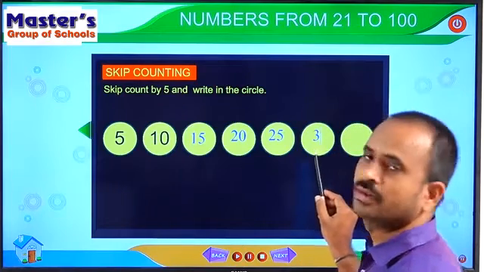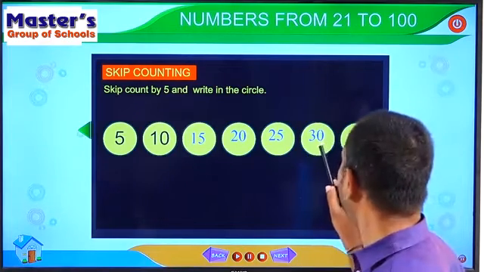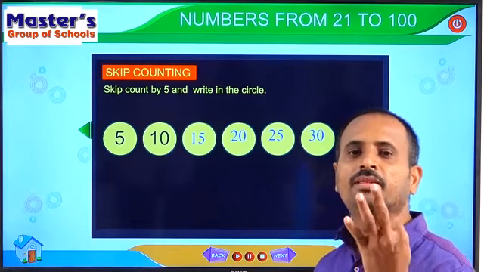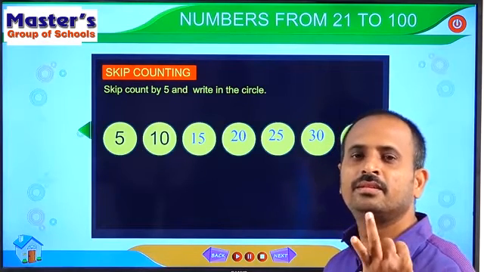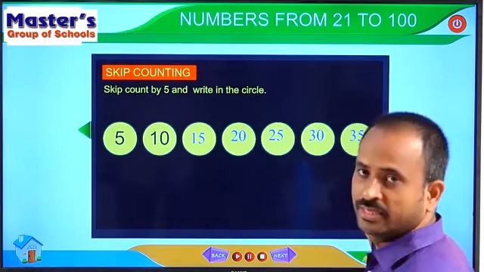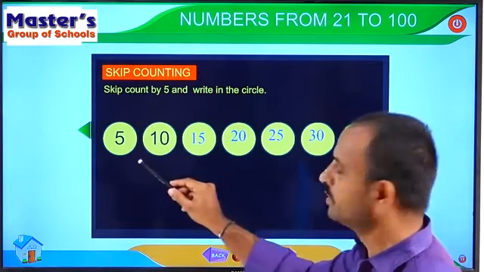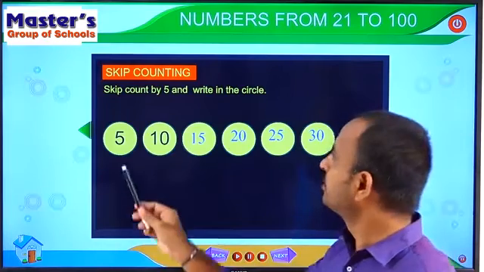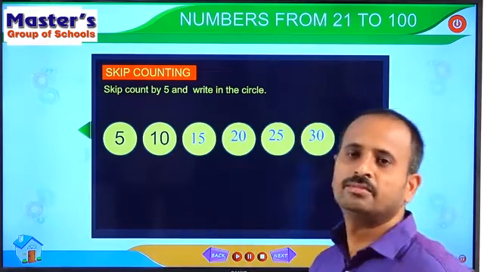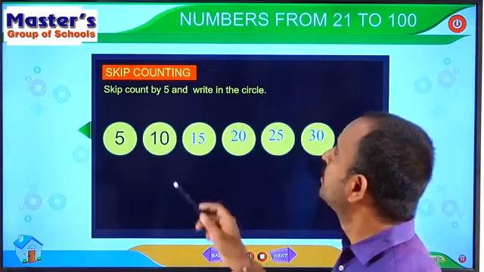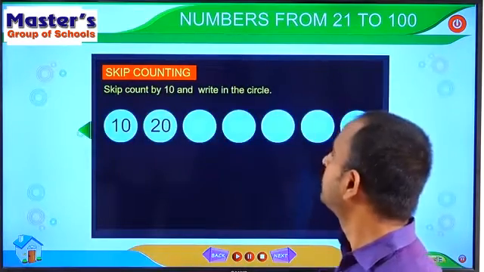So 30 here. And add 5 to the 30. After 30, 31, 32, 33, 34, 35. So 35. In this way, we can continue this addition and we can get larger and larger numbers. So this is called skip counting. Children, let us practice some more problems on skip counting.